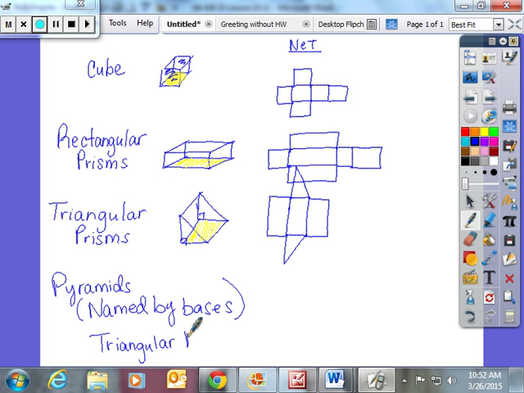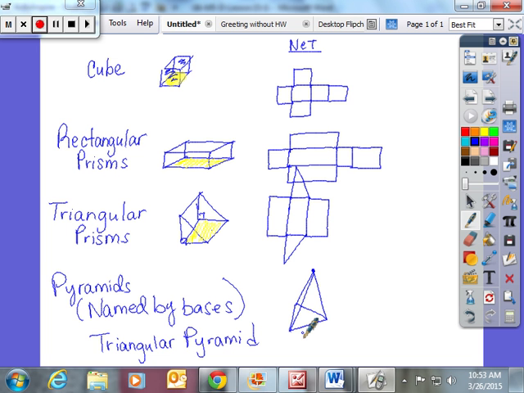Now you're really starting to see how good my artistic ability is. A triangular pyramid is going to have a base that is a triangle. Then you're going to draw a dot up on top, and you're going to connect that dot to all 3 points of your bottom or base triangle. This is a triangular pyramid.